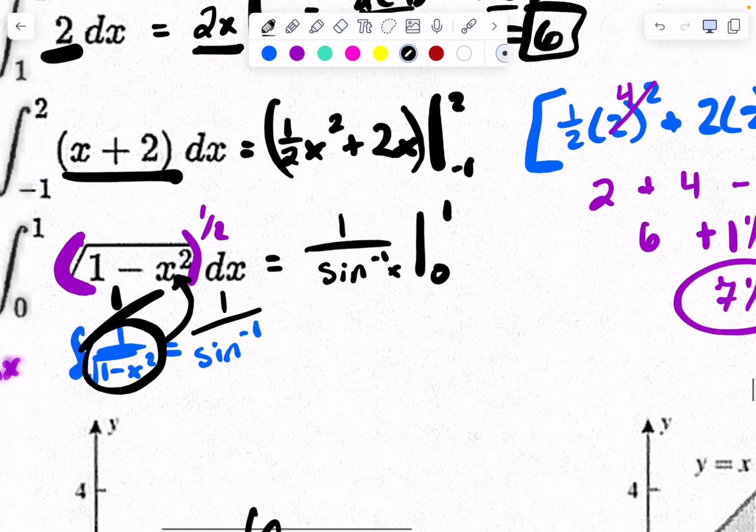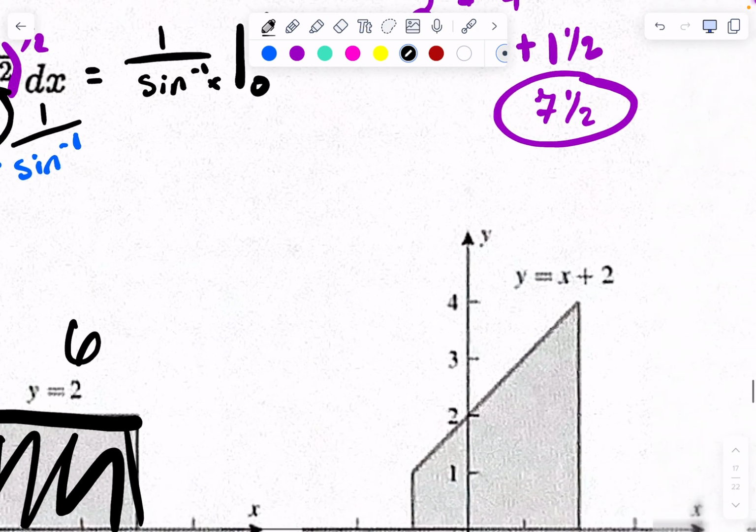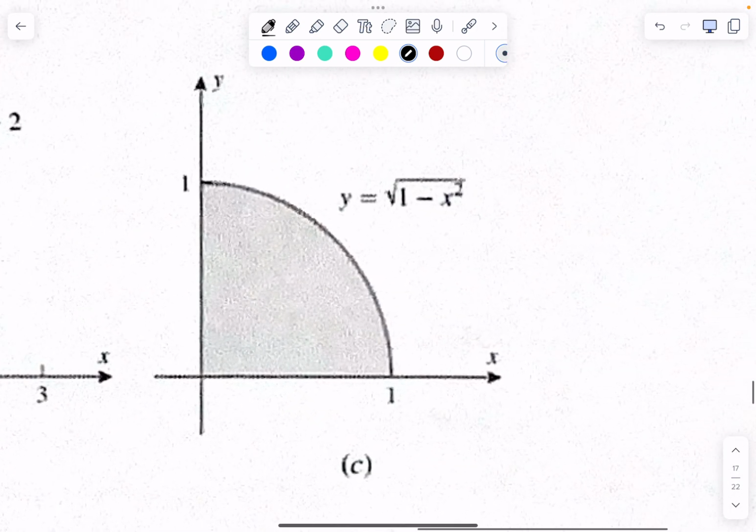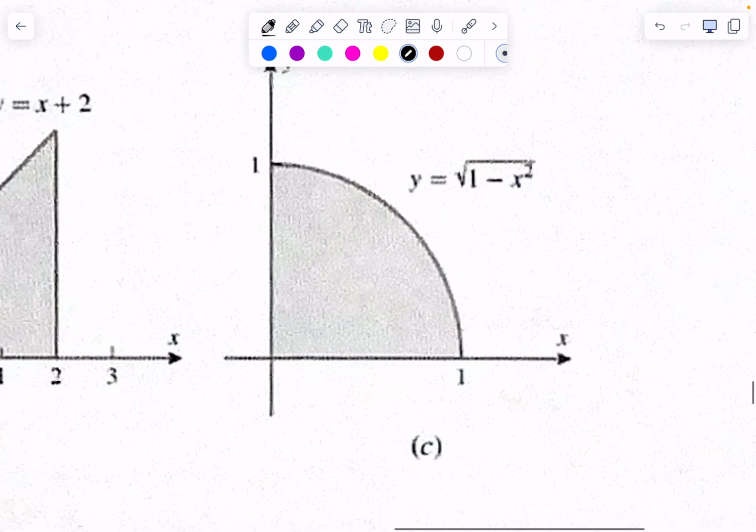Do we want to be in radians or degrees? I don't know, we can't divide by 0, so that doesn't work. She's right. Wait a second. This is what it looks like right here: the square root of 1 minus x squared.